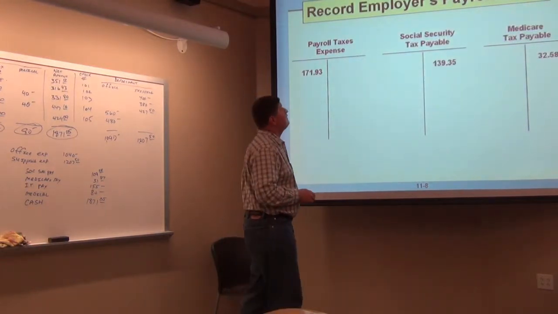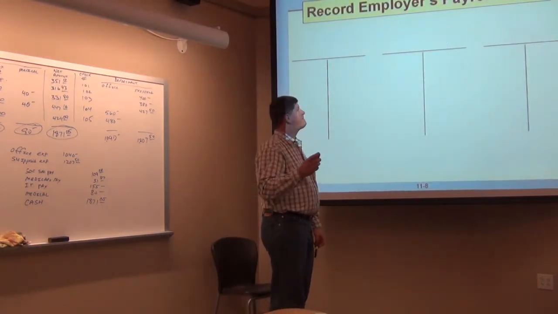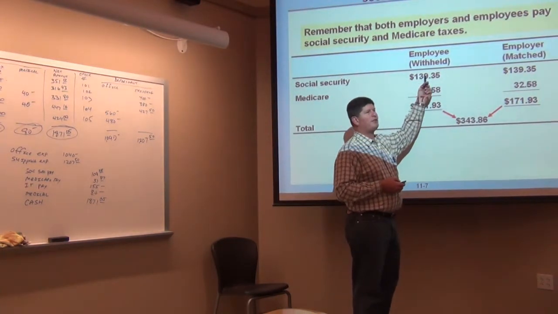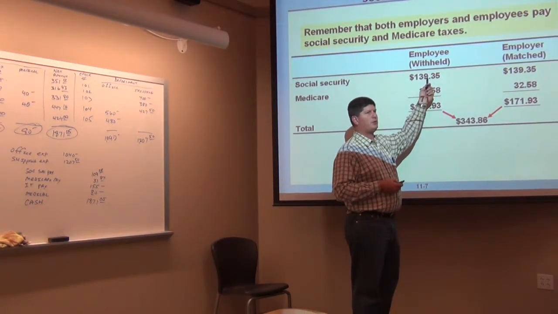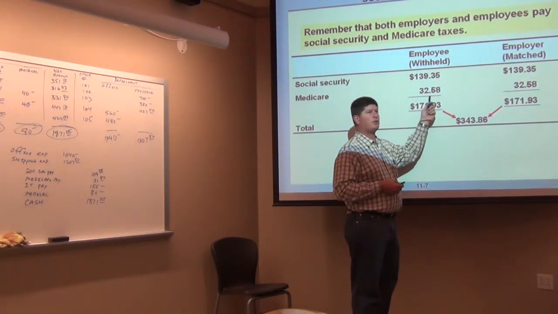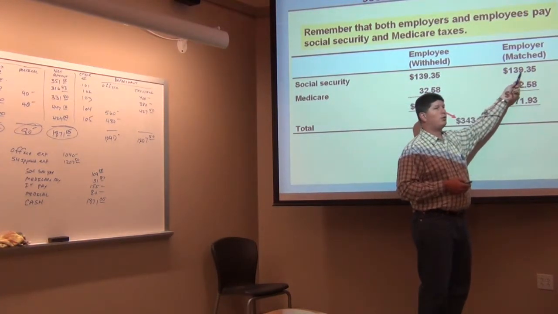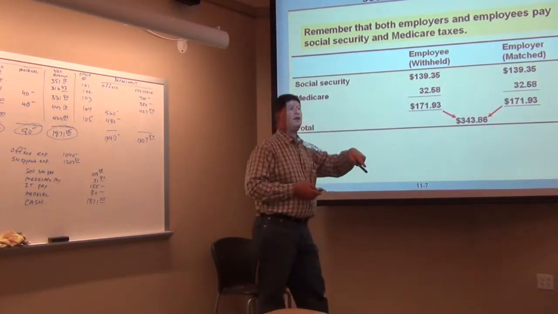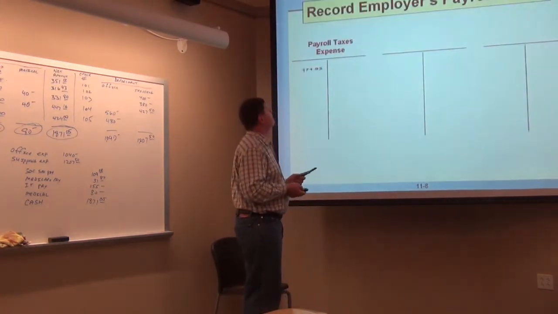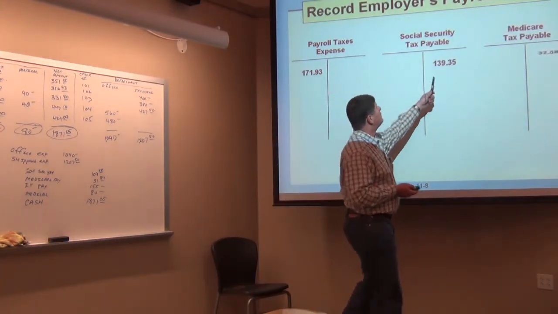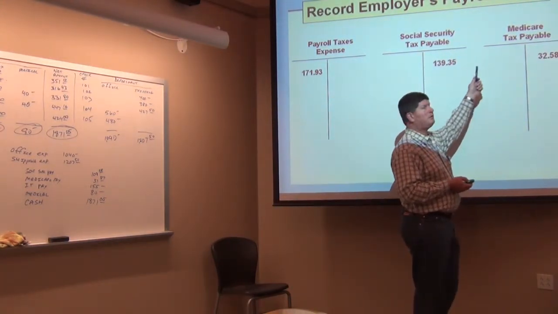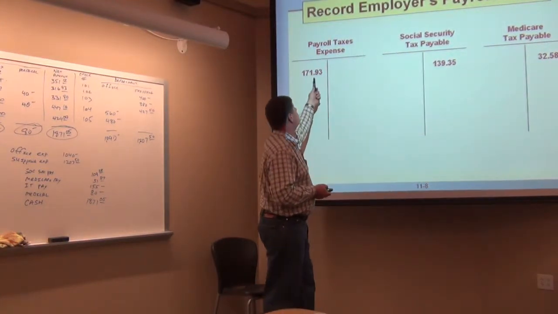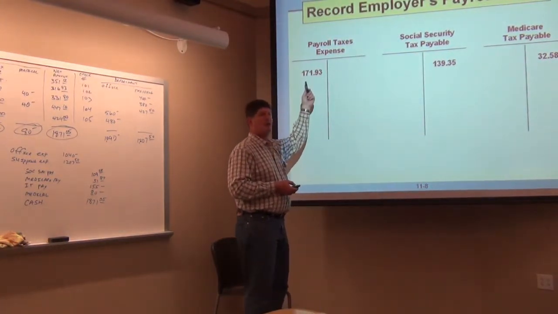Okay. So, I'm going to go back here. Think about this. We recorded this liability as a payable on our payroll register, and this one for the Social Security. Have we recorded the employer's liabilities? No. We need to do that. And when you make that payment is the time to do it. So you increase the payable for Social Security, you increase the Medicare tax payable, and you debit payroll tax expense.